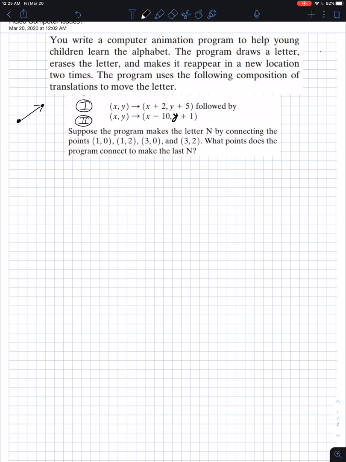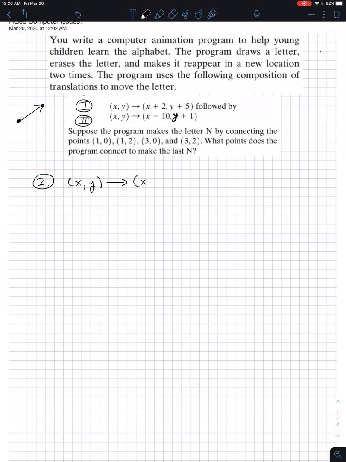So the first translation that we're going to do is case 1, and the directions are quite simple. They say, here's the horizontal part of the coordinate, here's the vertical part of the coordinate, and we're going to translate that. We're going to slide it over using this direction.